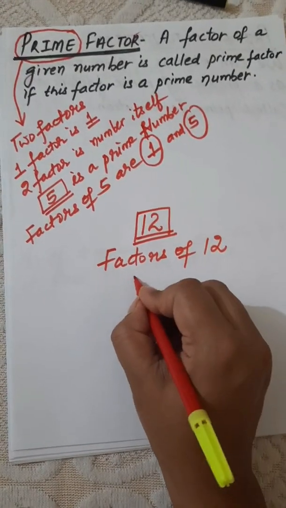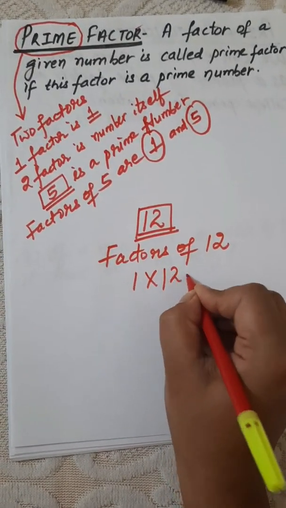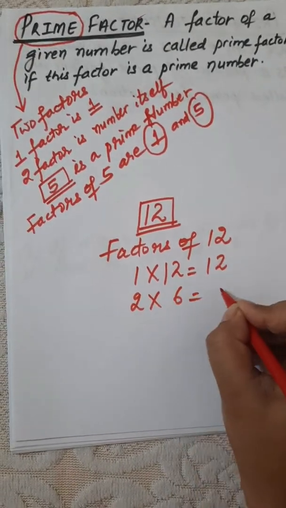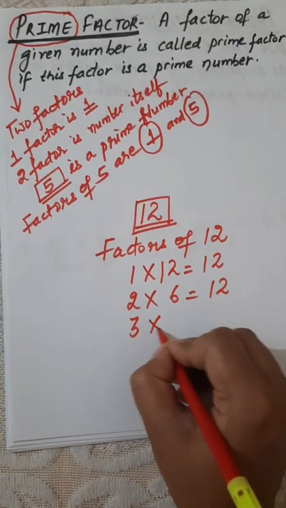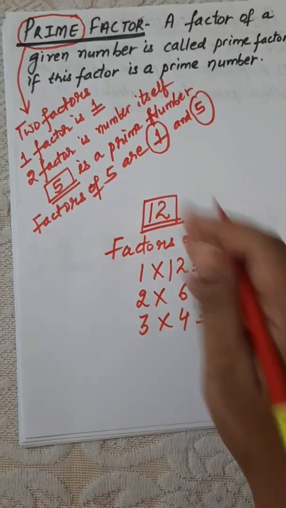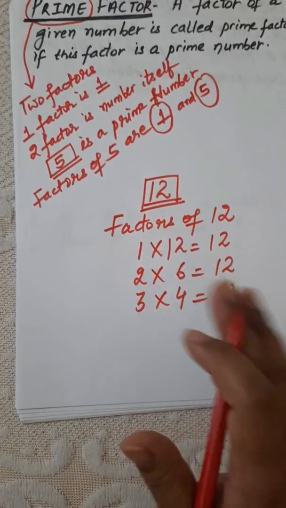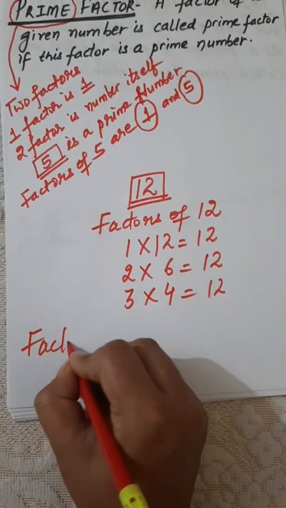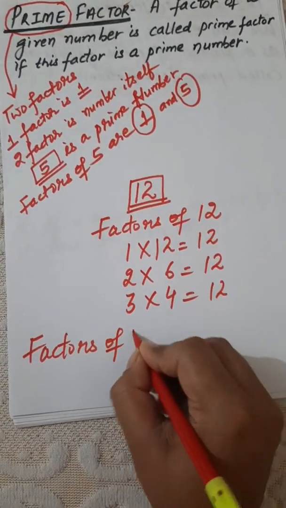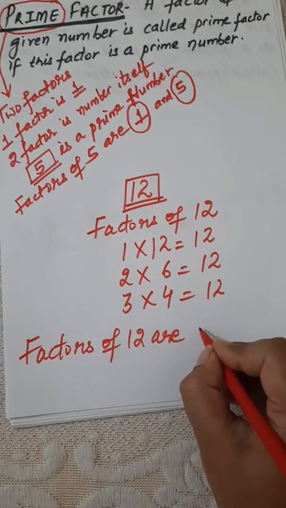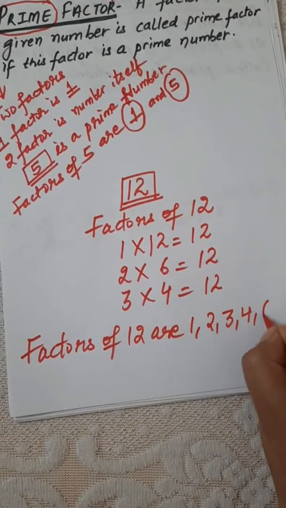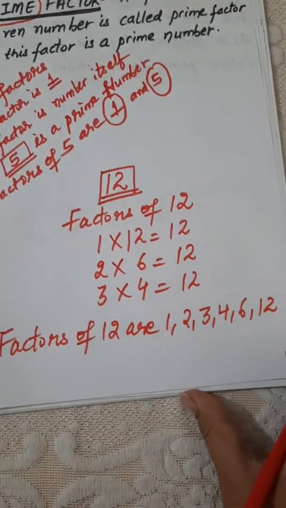We know that 1 into 12 is equal to 12, 2 6s are 12, 3 4s are 12. Because factor is written, I just write all the factors of 12. So my factors of 12 are 1, 2, 3, 4, 6 and 12.